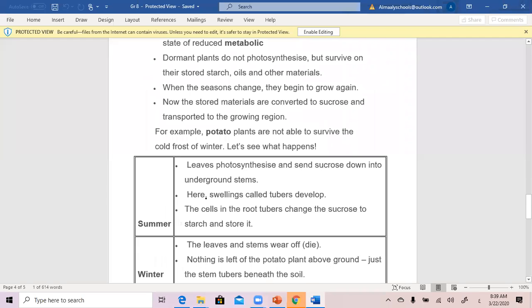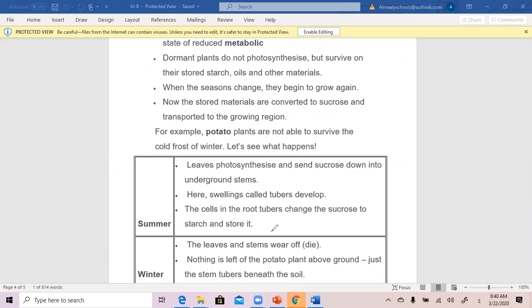Understand? Here, swellings called tubers develop, like that. You know tubers? Tubers of potatoes. This one. The cells in the tuber change sucrose to starch and store it.